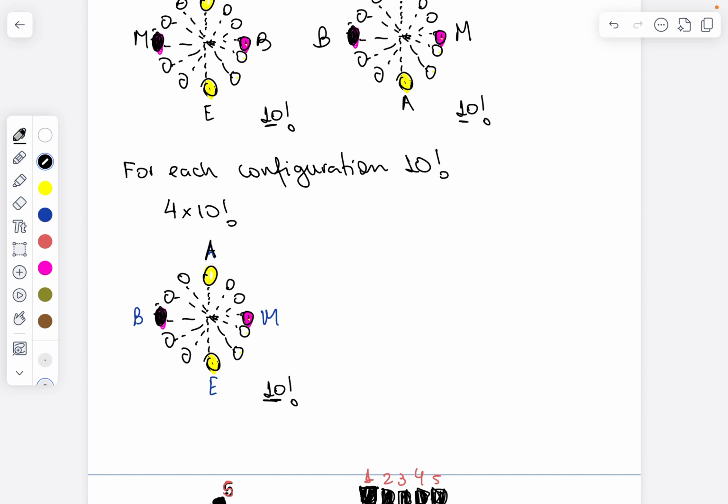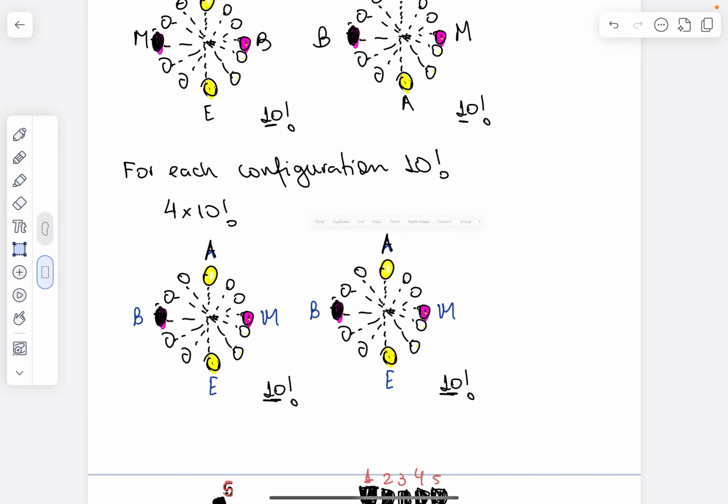So this is the first option. The second option would be to sit A here, E, and B and M with 1 seat across, right? So you have just 1 seat across.